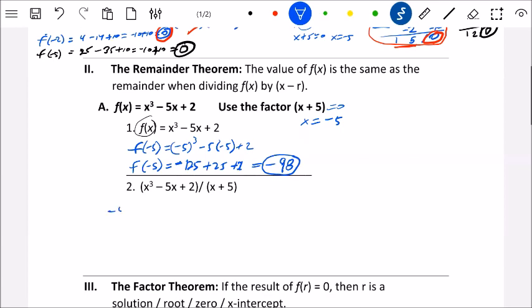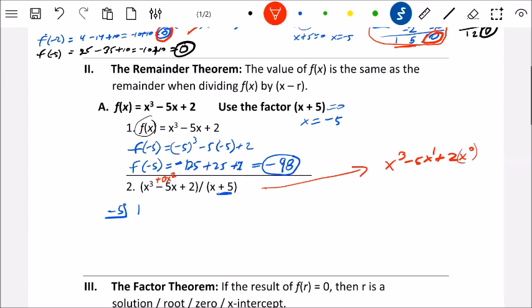Now let's do it with synthetic division. From this format I have to use the opposite sign and then 1. Notice that there is no x squared in there, so what we have is plus 0 for the x squared. I'm going to show that over here: x cubed minus 5x plus 2. That's a first power, and the constant we could say is x to the 0.